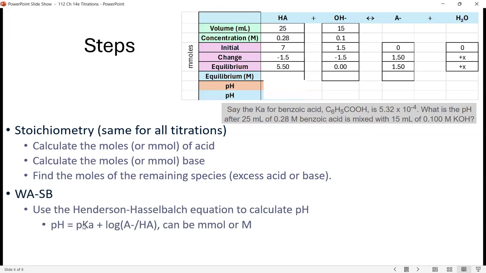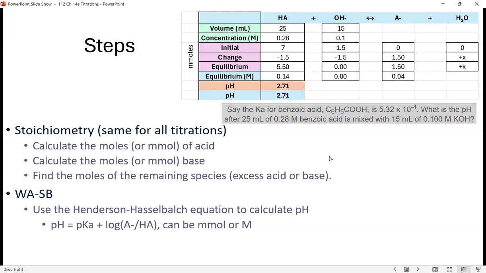So now that we have this, we can find the pH using the Henderson-Hasselbalch. We take that Ka that's given and take the minus log of it, just like minus log of H plus gives us pH, minus log of Ka gives us pKa. That's the similarity. So we can simply find those concentrations, plug it into this, and you should get this number with those millimoles.